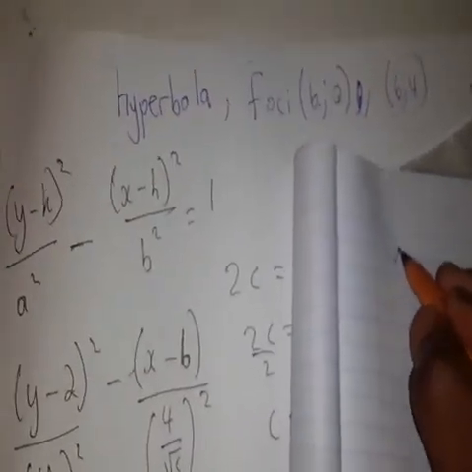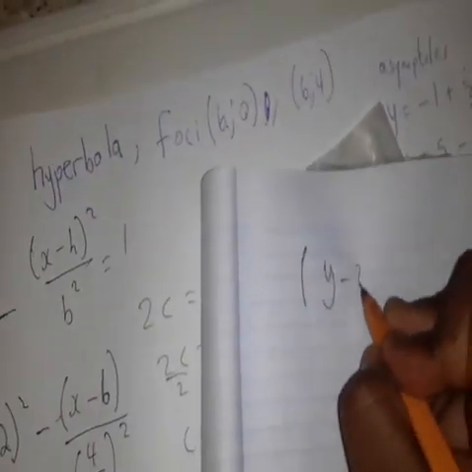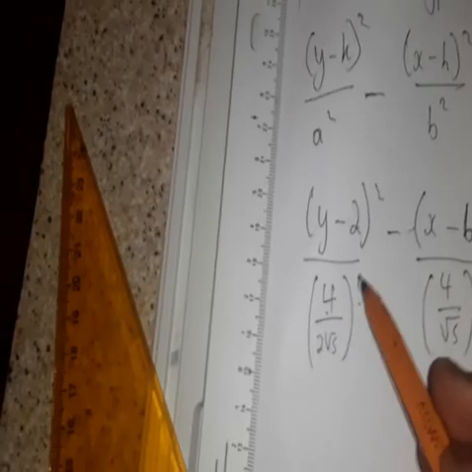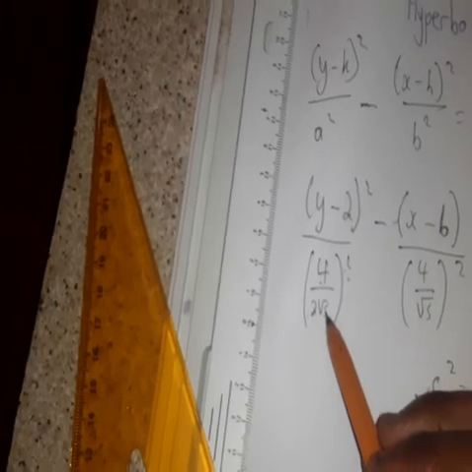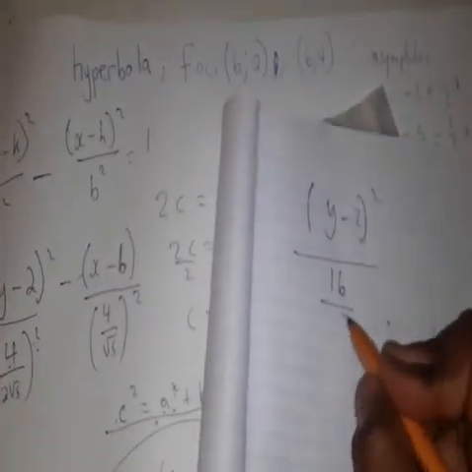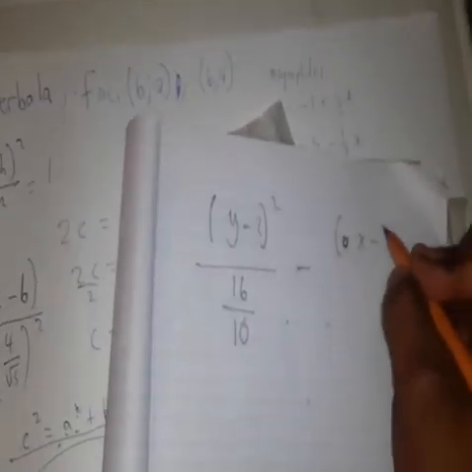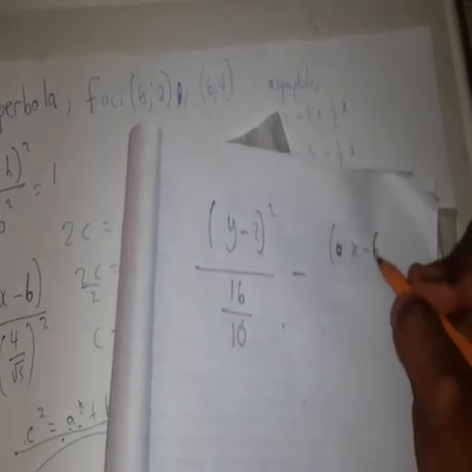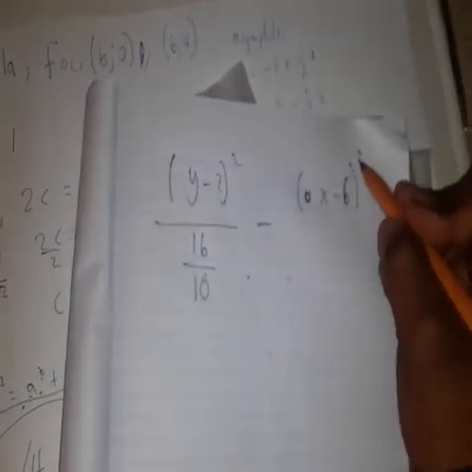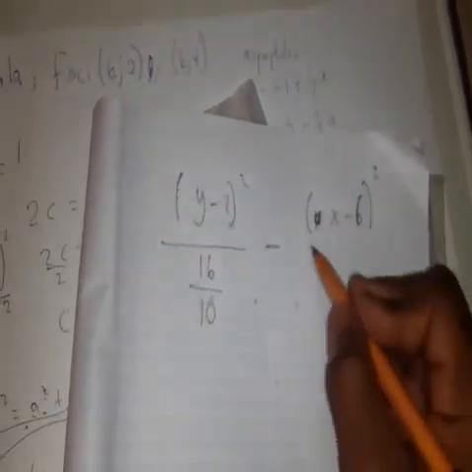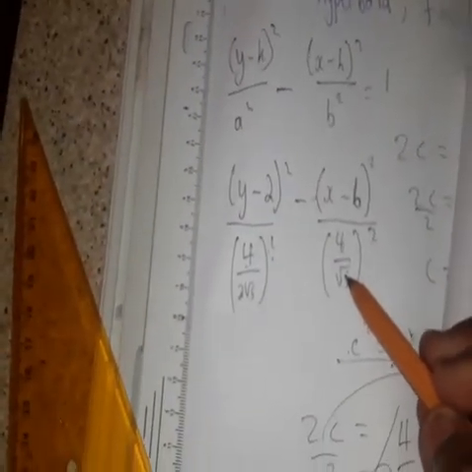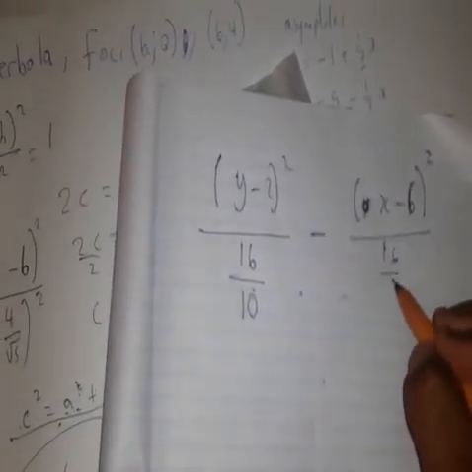So it's going to be y minus 2 squared over what is this? It's going to be 4 over 5, minus x minus 6 squared, over 16 over 5.